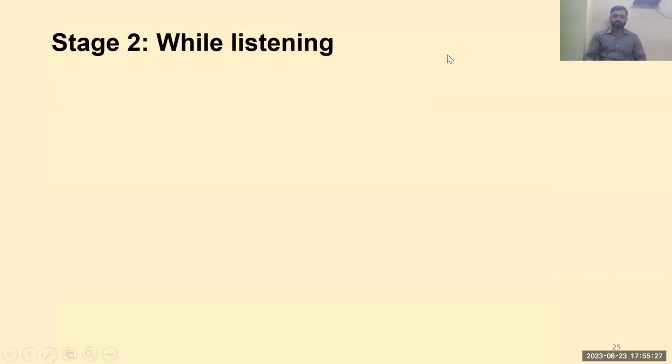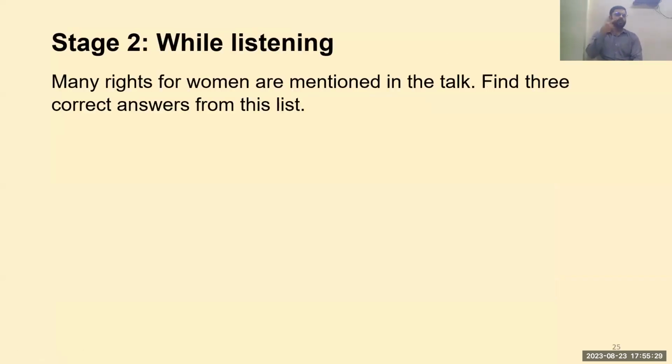Okay, now I'm going to play the talk. This is while listening. Before that, many rights are mentioned in the talk. So there is a list of rights which I've given here. So you have to find out what is actually in the talk and what is not in the talk.